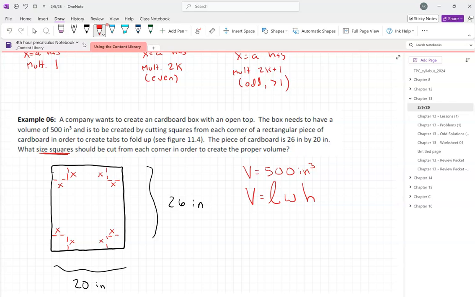Everybody's okay there? All right, so let's look at our picture and figure out where the length, width, and height are going to be. We're going to fold along this edge to create part of our box. Well, that's going to be the length. You guys can see that?